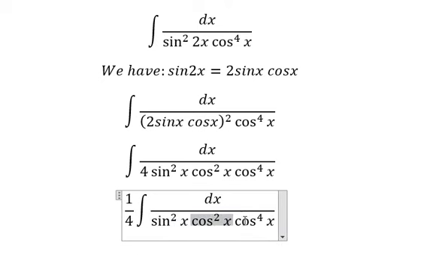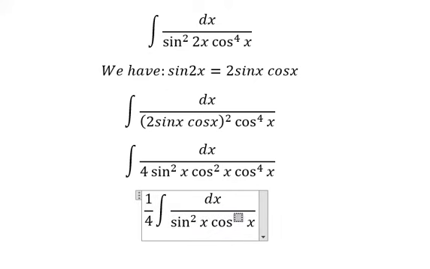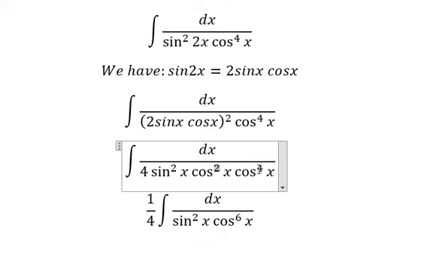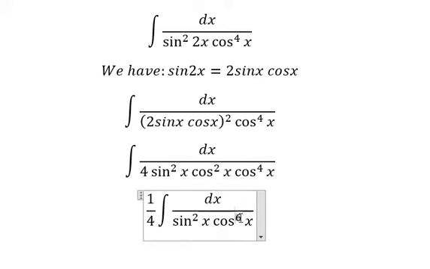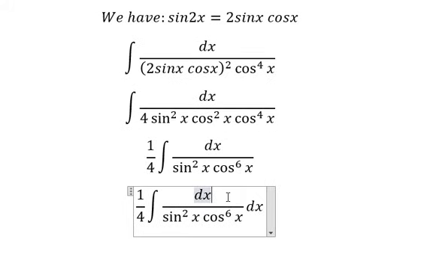Cosine squared s and cosine to the power of 4 s we can put into cosine to the power of 6 s, because 2 plus 4 we have 6. I will put the s in here.